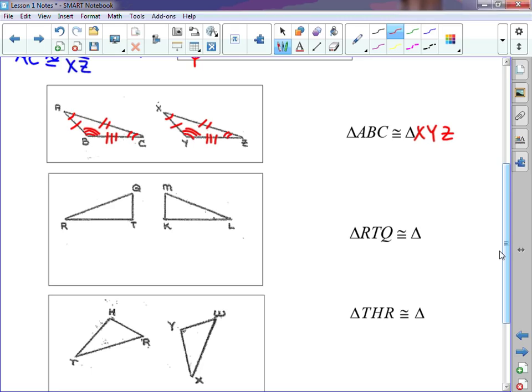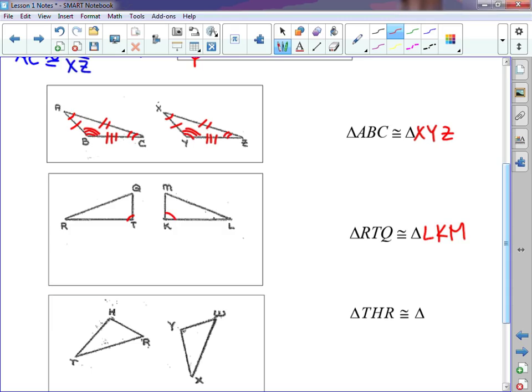Alright, so then here I have triangle RTQ. This is congruent to triangle, and you gotta be careful with this, LKN. I can see that these angles go together.